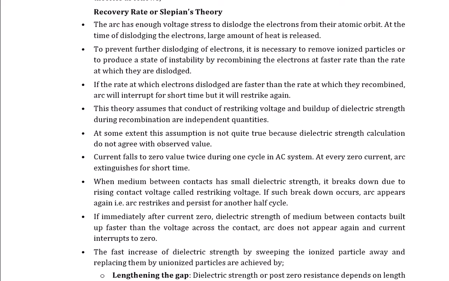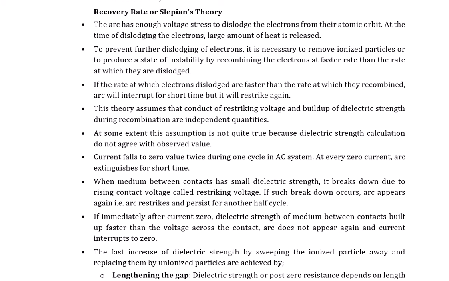If such a breakdown occurs, the arc appears again and again, so the arc restrikes and persists for another half cycle. But if immediately after current zero the dielectric strength of the medium between the contacts builds up faster than the voltage across the contacts, the arc does not appear again and the current is interrupted.